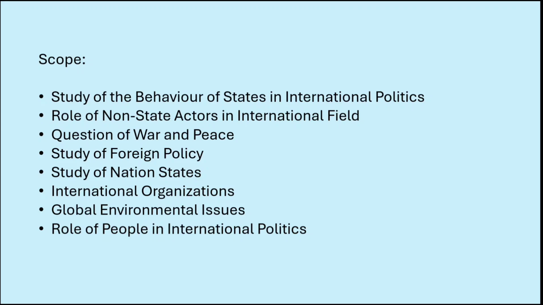Let's study about the scope of international relations. If we go through the scope, here we can study the behavior of states in international politics, the role of nation state actors in the international field, and also the question of war and peace. Another important thing is that we can study foreign policy, foreign issues, and the study of the nation state system.